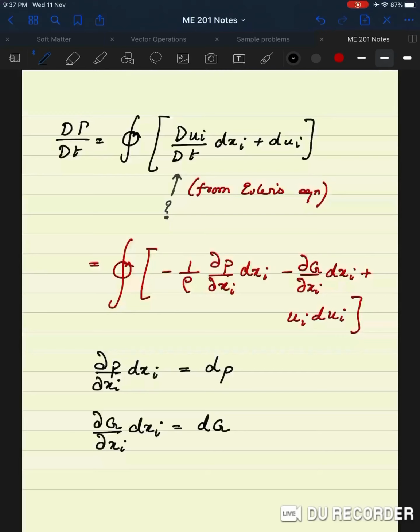And u_i du_i, since everything here is becoming a derivative, we want to make this into a derivative term as well. So we can just write it equivalently as this. Okay, so let's just go ahead and substitute it over there.